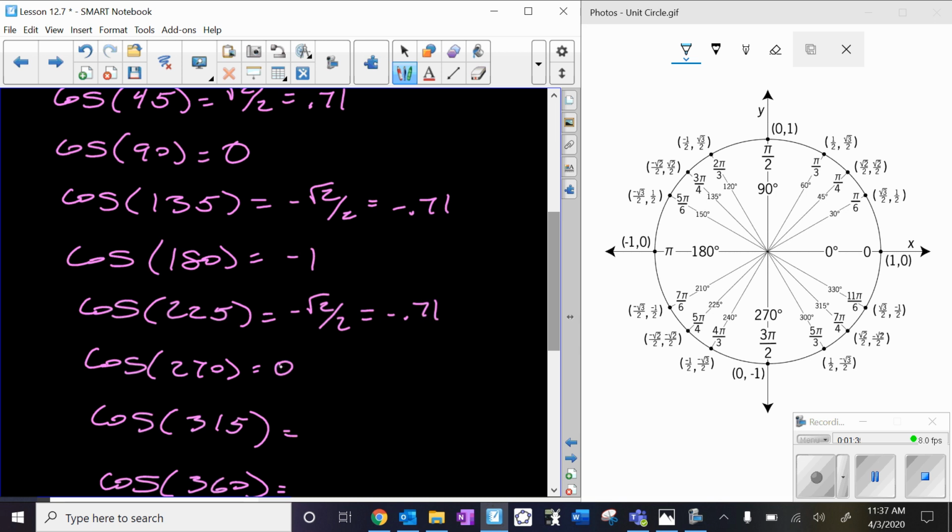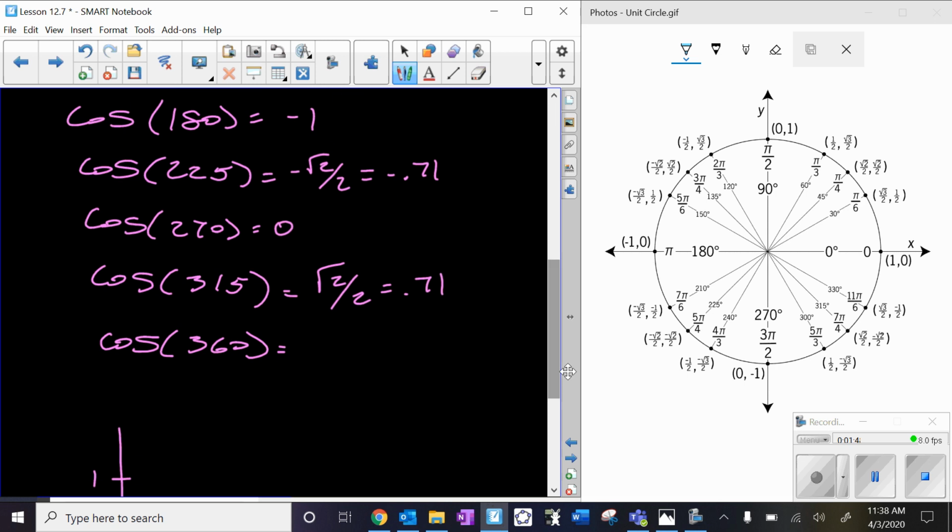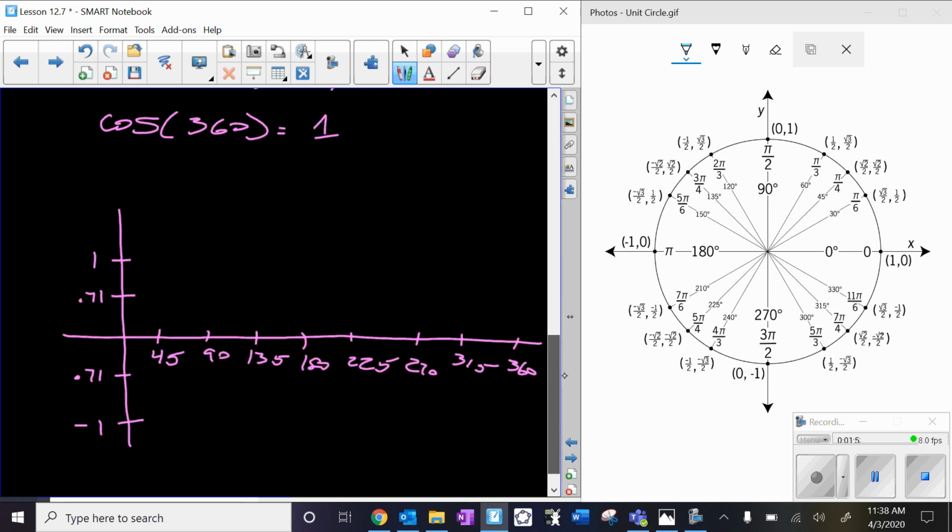It's the x value. 315, the x value is square root of 2 over 2, which is 0.71. And then finally, 360, we're back at the height of 1 again.